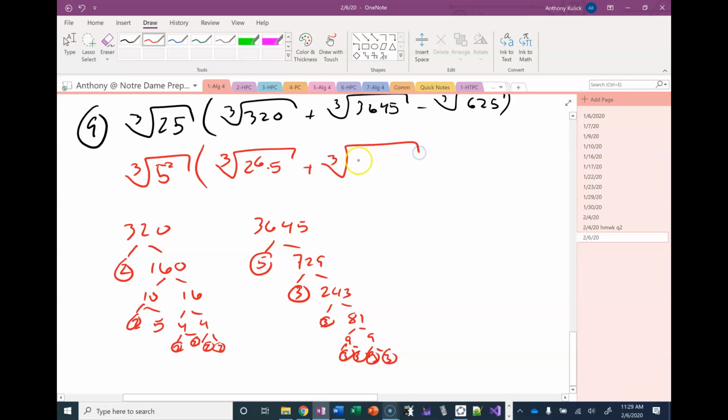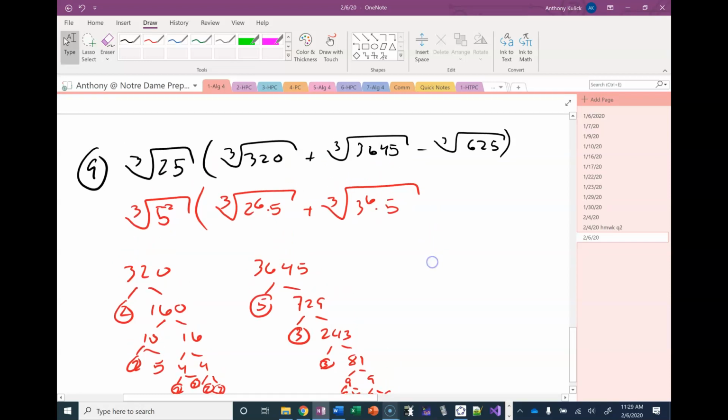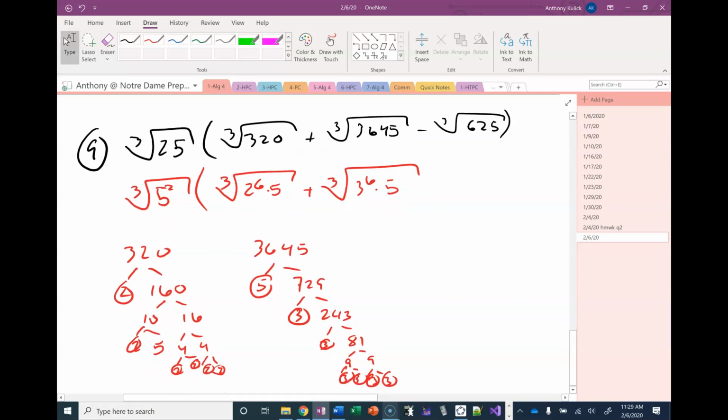Wait, how did you get 26.5 if you add the 1610? How did I get 26.5? Oh, sorry. Yes, that's okay. And then the last one, 625, is 5 and 125, which is 5 and 25, which is 5 and 5.